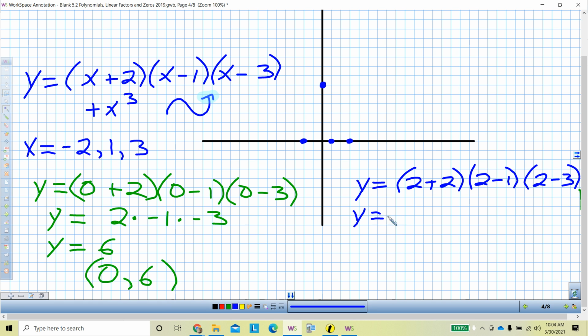So y equals 4 times 1 times negative 1. So y equals negative 4, which means our ordered pair is 2, negative 4. Yes? Where'd you get the 2? The 2 I got because I picked in between these 2 points. Okay? So 2, negative 4, I'm here at 2, negative 4, right here.